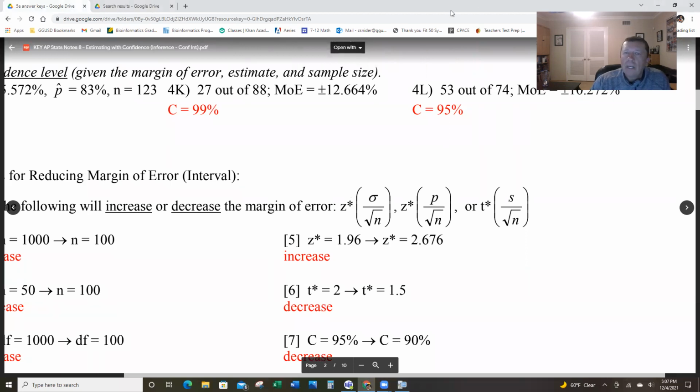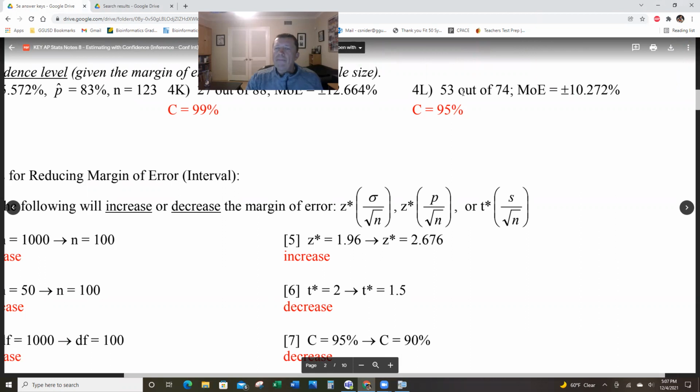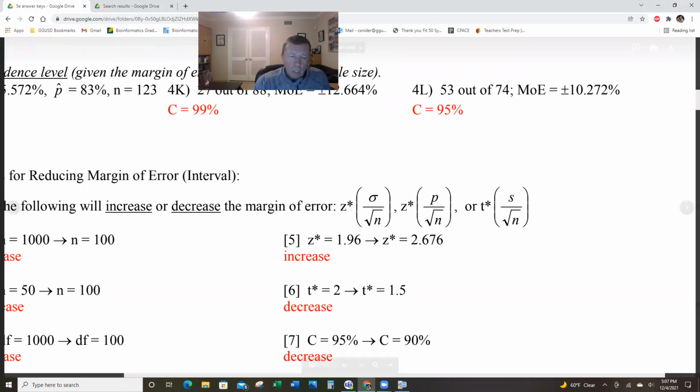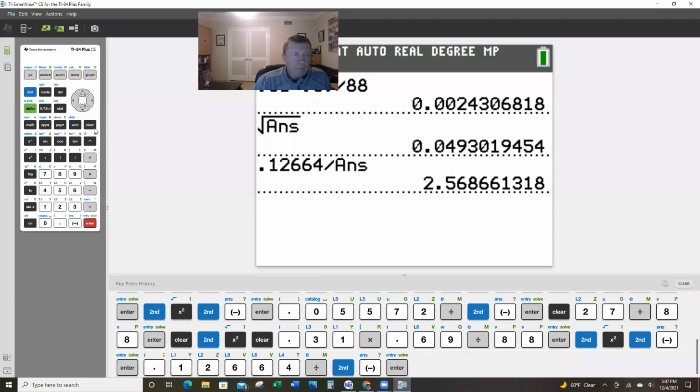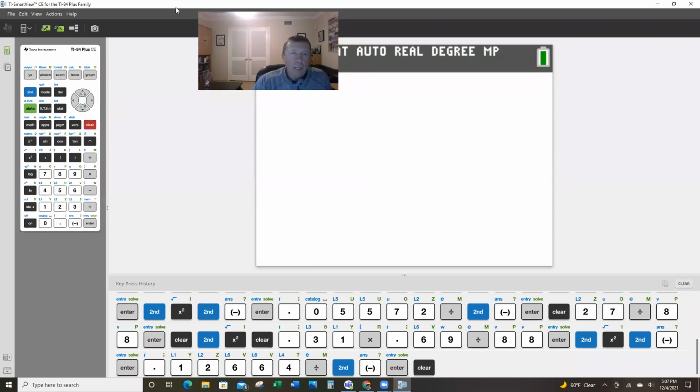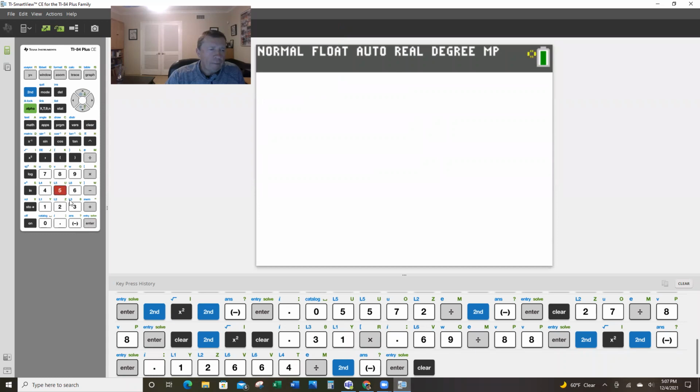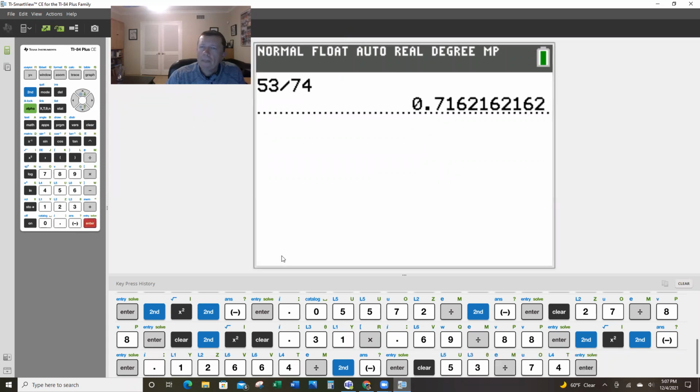Perfect. The next one, let me move my face here, is 53 out of 74. Again, I'm going to have the rounding issue, but let's figure out what 53 divided by 74 is. Okay, 53 divided by 74 is 0.72. Again, I'm going to have some rounding here.